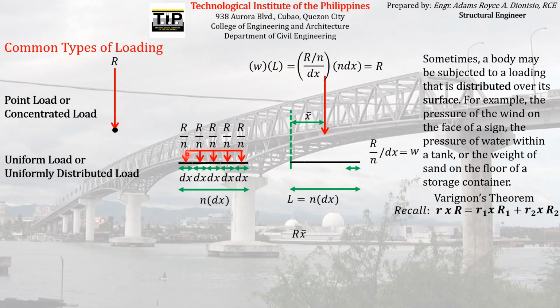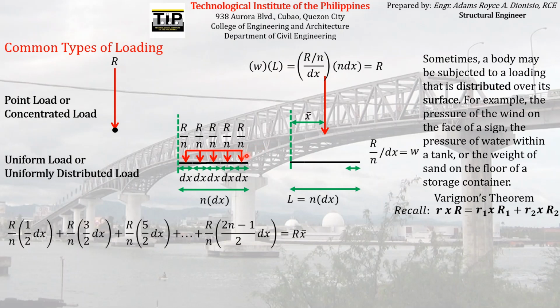So, ibig sabihin, pag minoment natin itong mga forces na yan with respect to this same point, at pinag-add natin lahat ng moment na yon, dapat daw yung summation na yan, sabi ni Varignon, equal sa moment nung resultant force with respect to that same point, kung sinasabi natin na ito ay resultant talaga nito.